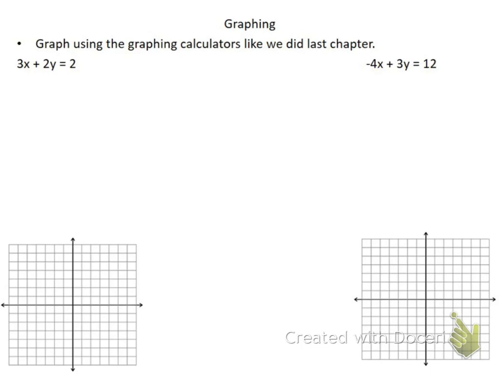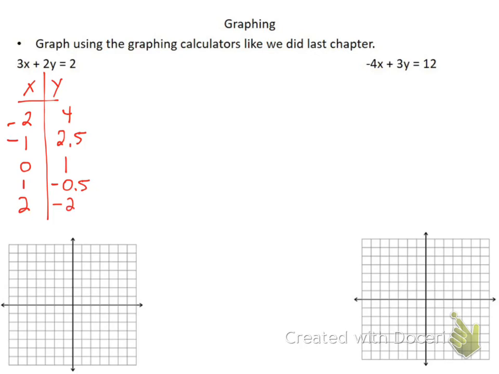So again, my XY table here, negative 2, negative 1, 0, 1, and 2. So I've got positive 4, 2.5, 1, negative 0.5, and then negative 2.